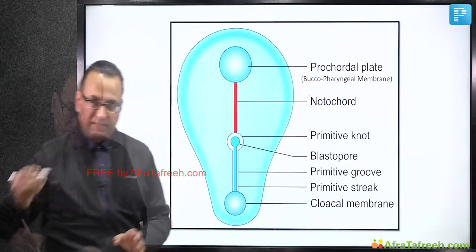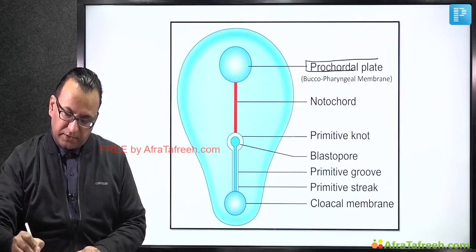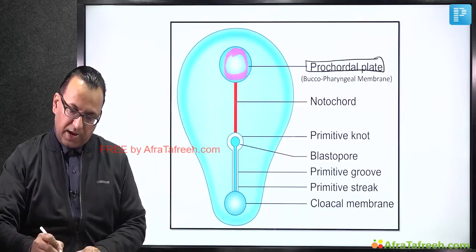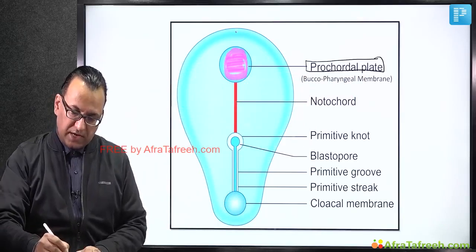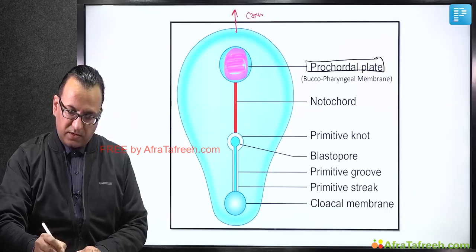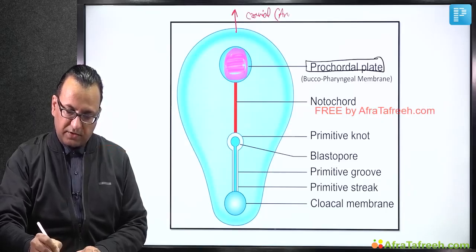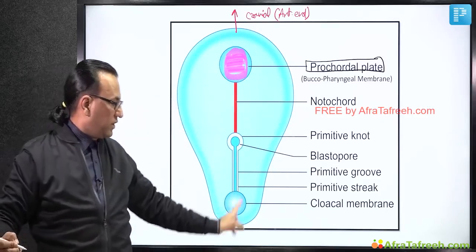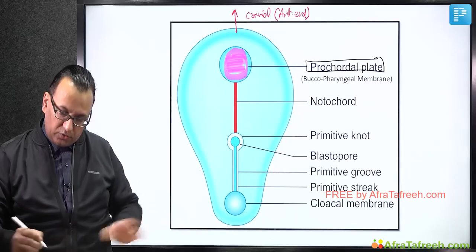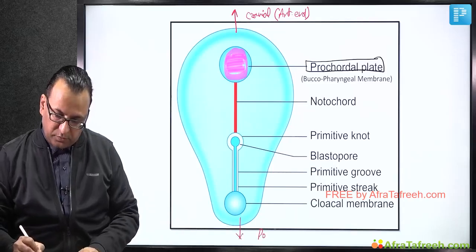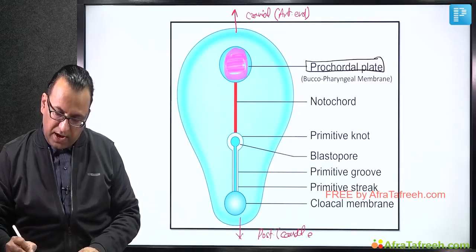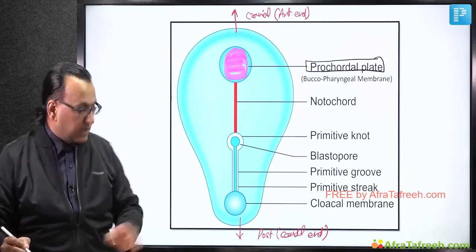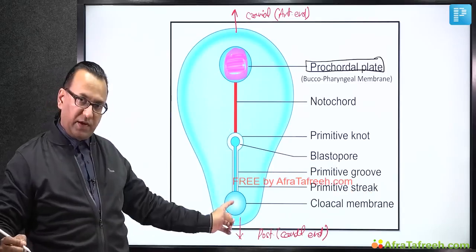So as we see, this is the procordal plate which appears quite early and is going to decide that this end of the baby is the cranial end or what you can call the anterior end, and respectively the opposite pole will be the posterior or the caudal end of the baby. So here we are mentioning this is the posterior or the caudal end, and it is after that we start talking about the primitive streak.